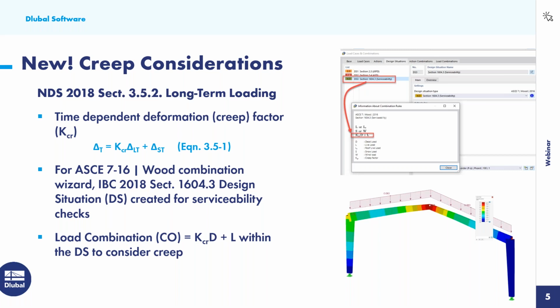So when we automatically generate these load combinations according to the ASCE 7, in particular wood, we are going to create a third design situation. And design situations will make a little bit more sense in just a minute, but I want it to be clear that we are actually going to reference the IBC 2018, and in particular section 1604.3, in order to generate the serviceability load combinations directly from the IBC for our serviceability checks when we go ahead and run the timber design.